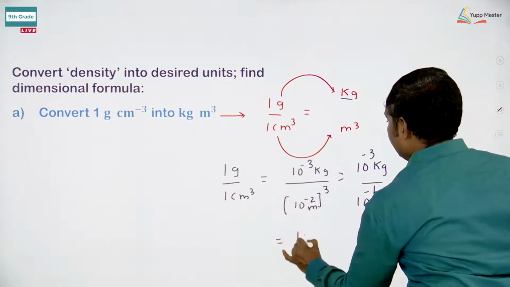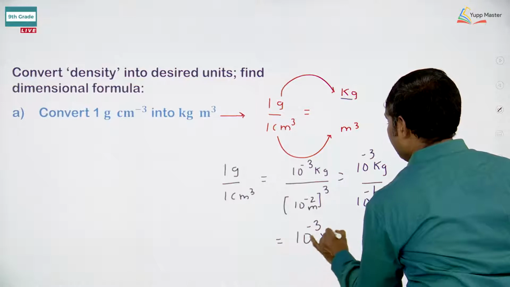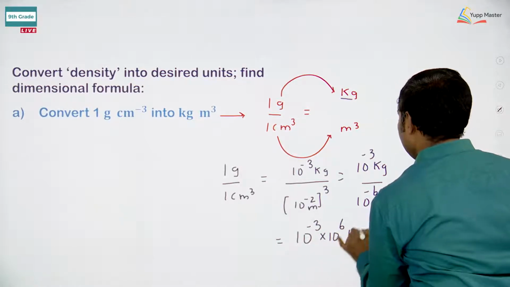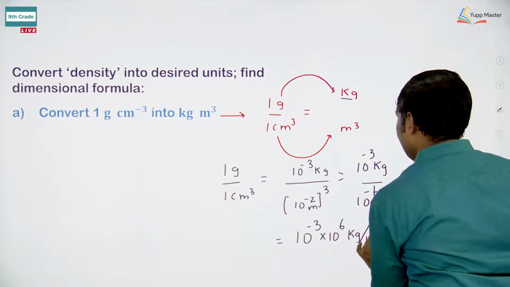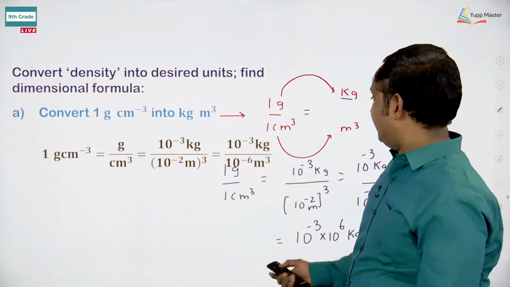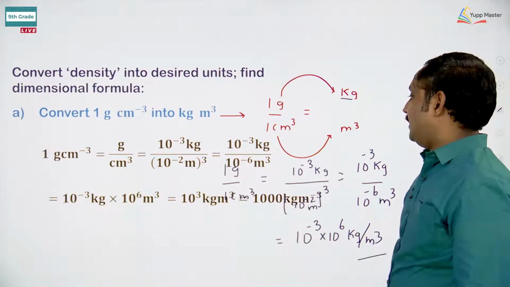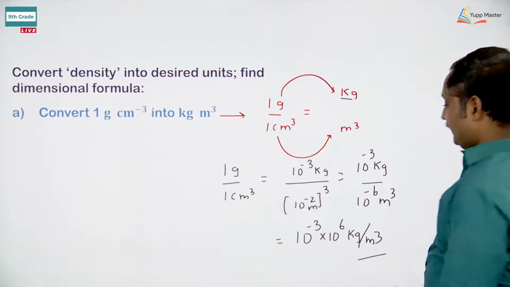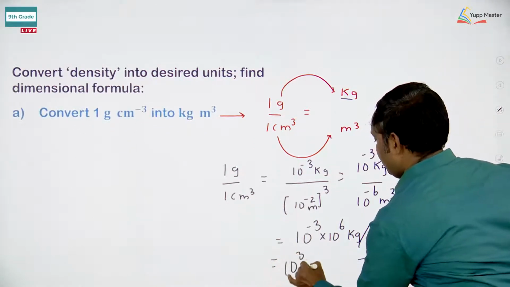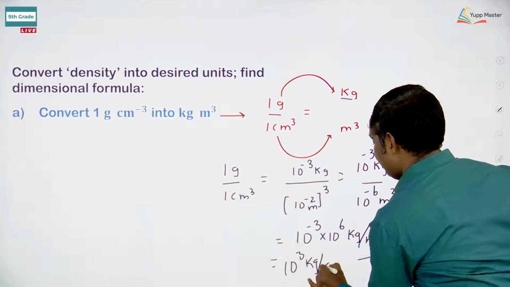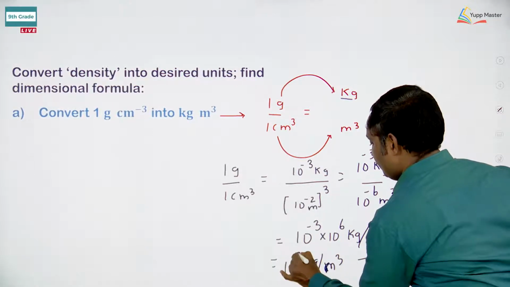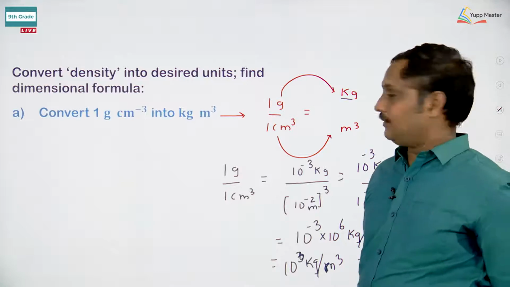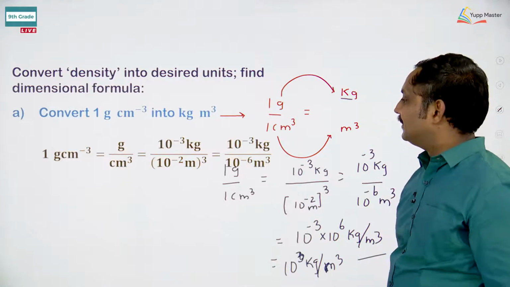If you take 10 power minus 3 into 10 power 6, the value is 10 power 3 kg per meter cube. It is very clear. Now you can go for another one.